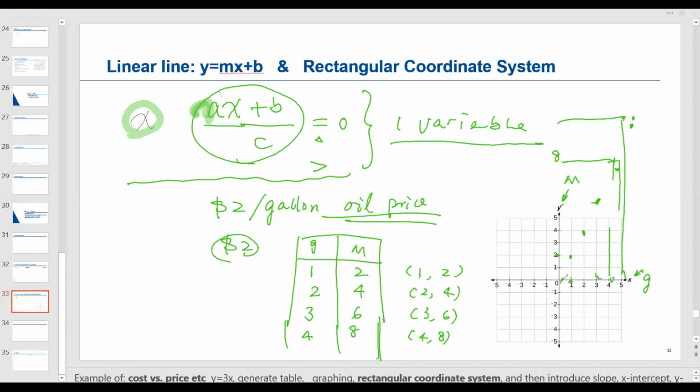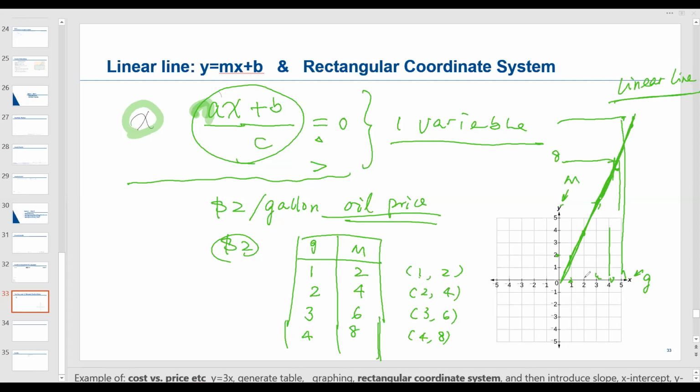So you can see if you link these points together, it's interesting, right? This line is a linear line. This is where the linear line comes from. We call it a linear line, also called a straight line, or a straightforward line. There's no bending, right?